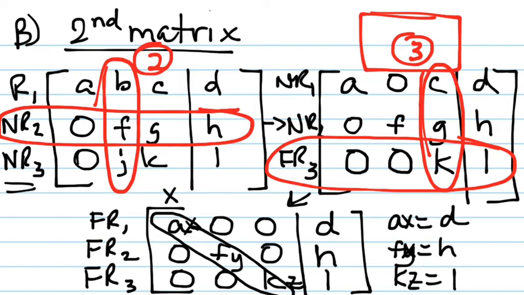So divide by a, divide by f, divide by k. They're just 3 linear equations. And when you get the answers, you're simply going to put them in the form (x, y, z), enclosed in parentheses, because these answers represent points on a line.